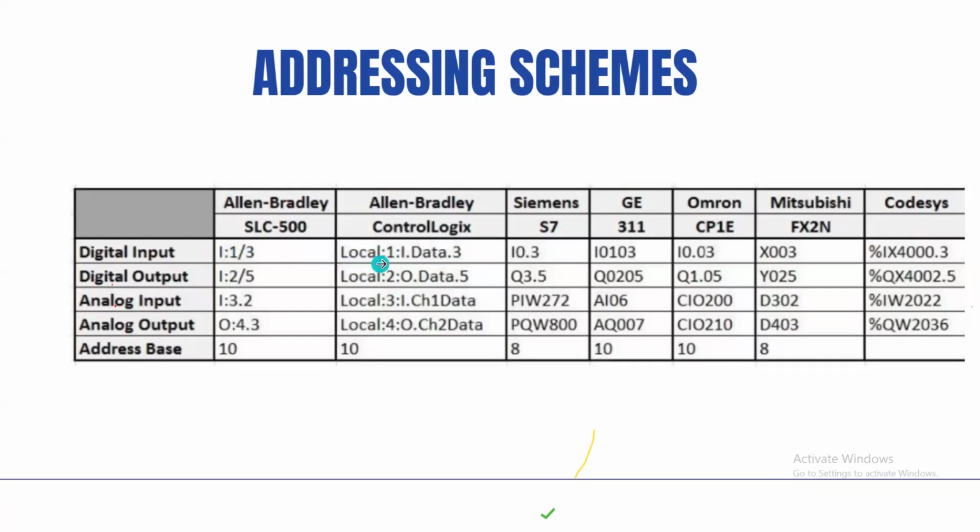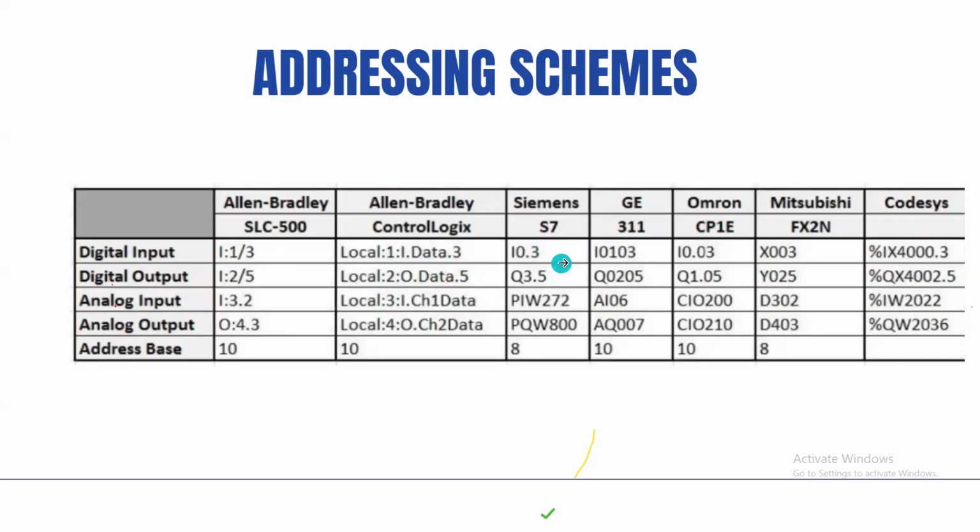If you are using ControlLogix, it is Local:1:I.Data.3. This is just the naming convention. Local means that it is directly on the PLC. There are remote IOs, which I'm not going to go into, but this is local, which is directly on the PLC. It is the fourth signal, if you are counting from 0.